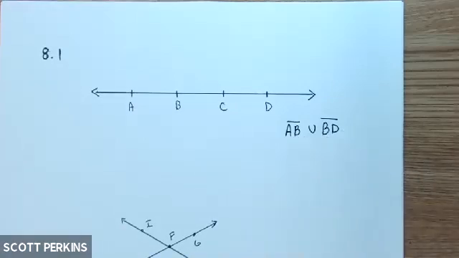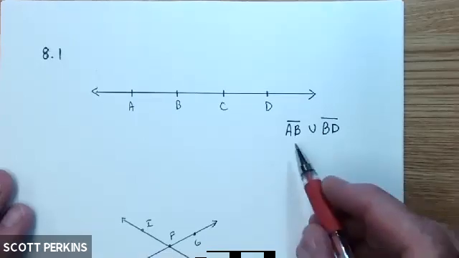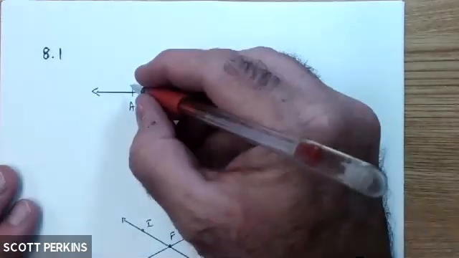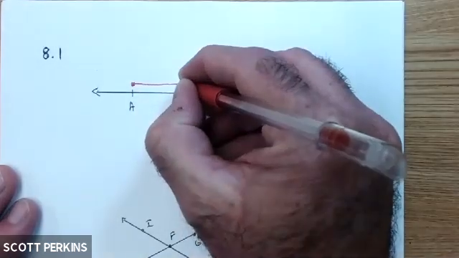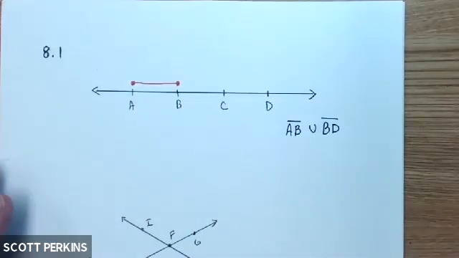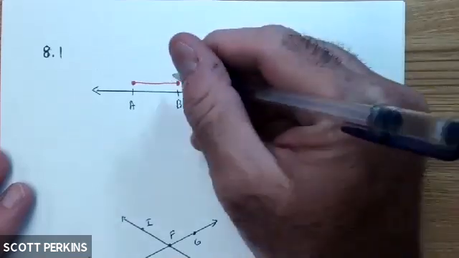Okay, so I'm going to just trace on here what AB and BD are, and then we're going to see what the result is. So AB is segment AB, so it's the segment that starts at A, so I'm going to put a dot, and goes to B, I'm going to put another dot. And then BD, I'm just going to do a different color here.